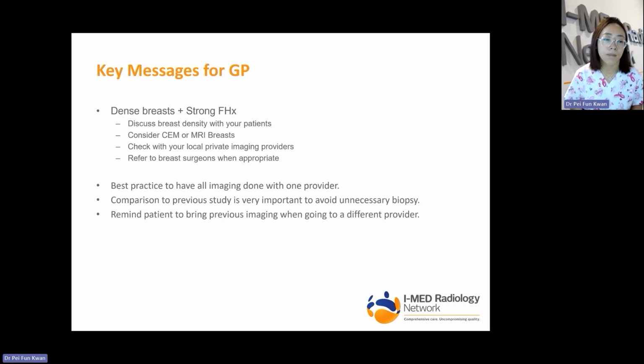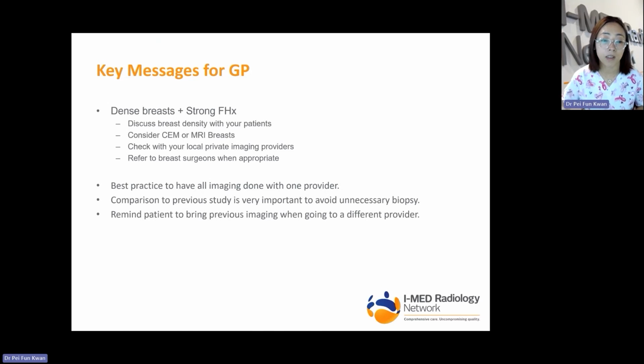Also, I recommend having all imaging done in the same imaging provider, because it is very difficult for us to chase previous imaging. And if there is a new patient, we have to work up all of the breast changes. And without comparison with two previous, we may not be able to recommend the most appropriate test.